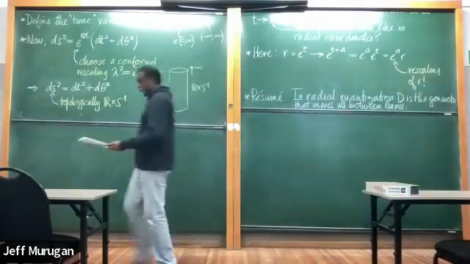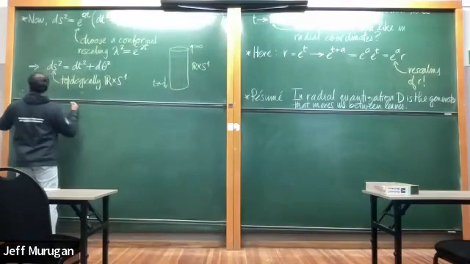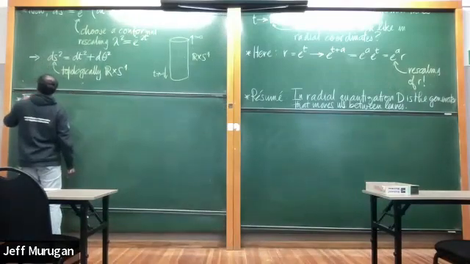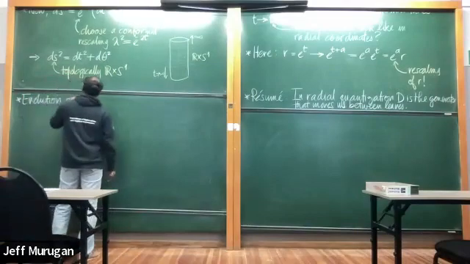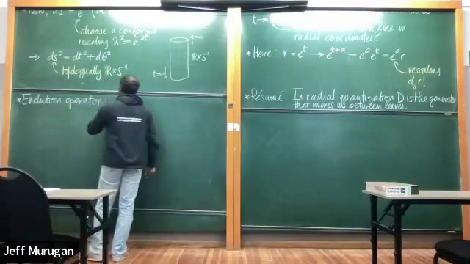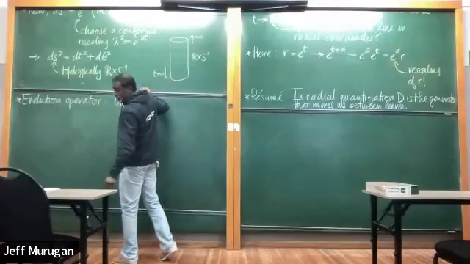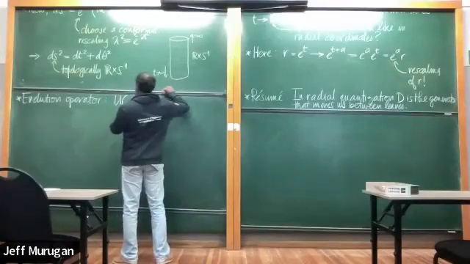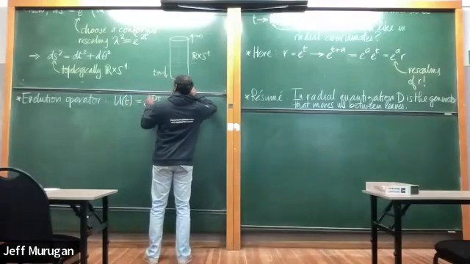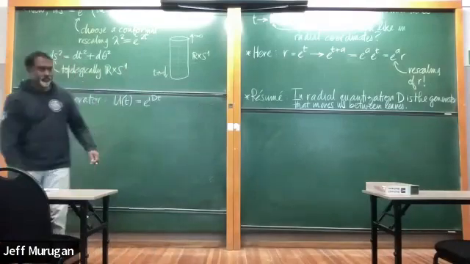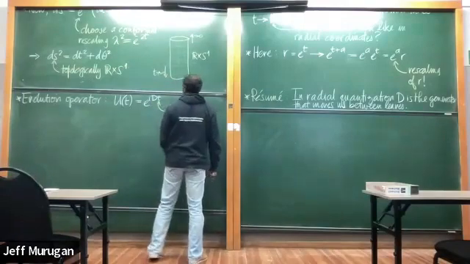And it plays a role like the Hamiltonian, in the sense that the associated time evolution operator along the leaves of the foliation is just U of t equals e to the i D t, where this t here is just the log of r.